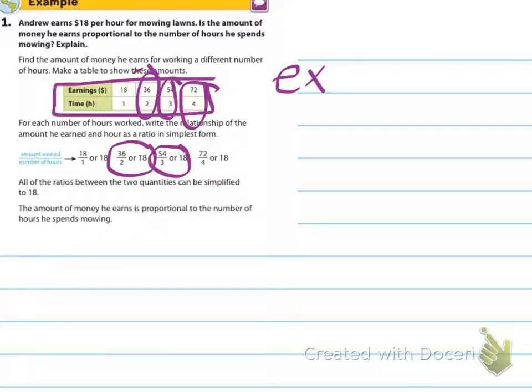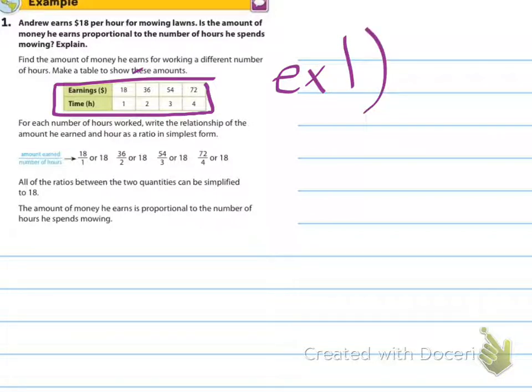Alright, so on example number 1, what I'd like for you to do is write for me just this table. Okay? Andrew earns $18 per hour for mowing lawns. Is the amount of money he earns proportional to the number of hours he spends mowing?